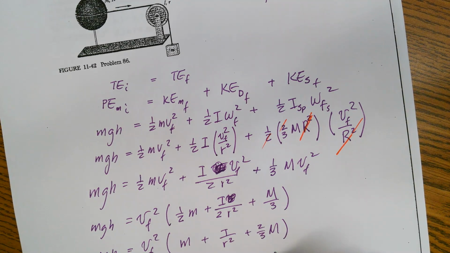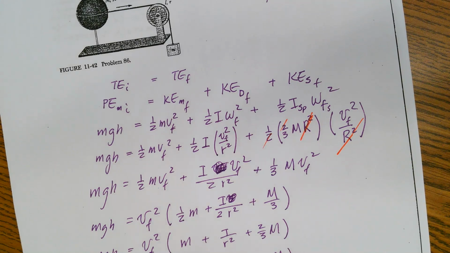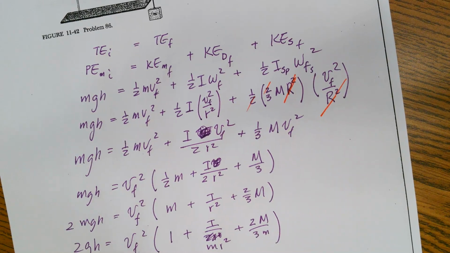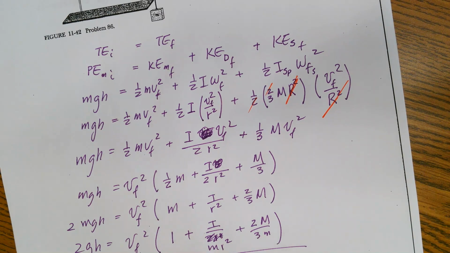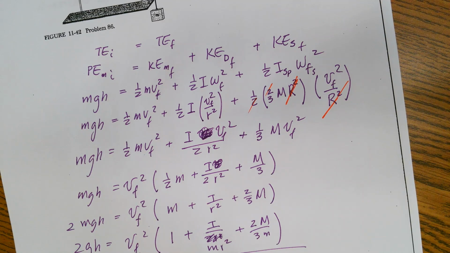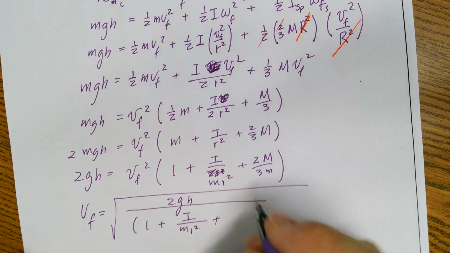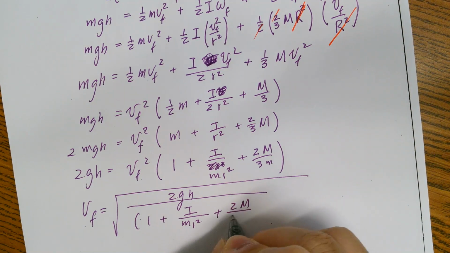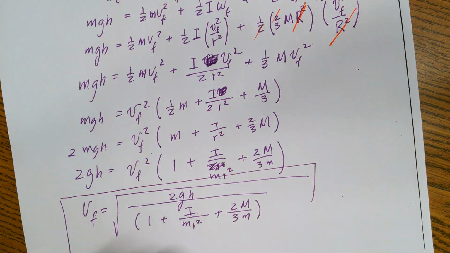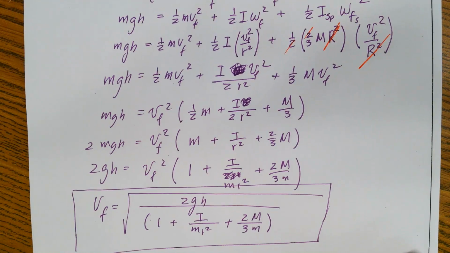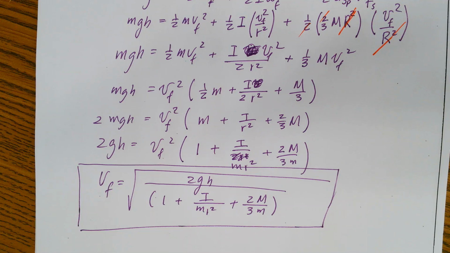Plus 2m over 3m, right? And then it just becomes vf is equal to the square root of 2gh over this mess, right? 1 plus I over mr squared plus 2m over 3 small m. All right, the rest is the algebra.